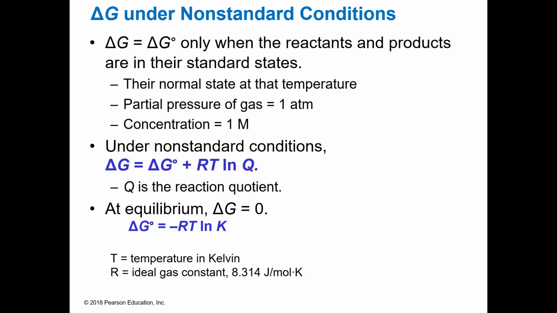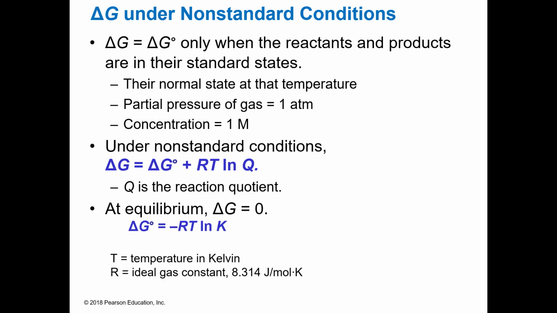So I think the thing to think about at this point with Gibbs free energy is you're going to take these reading problems and you're going to focus on which equation you are going to use.